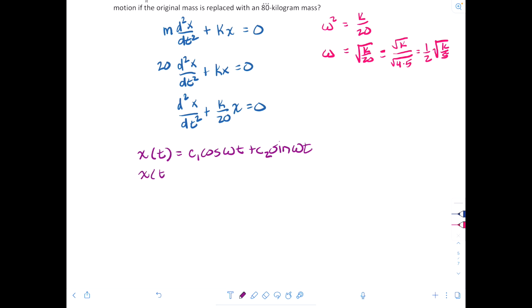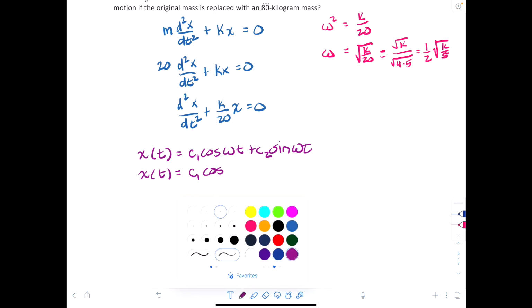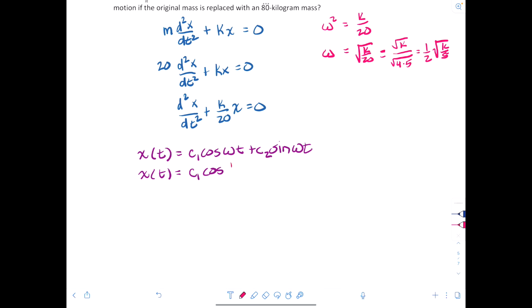So x at t will be c1 cosine omega t, and remember that omega was 1/2 times the square root of k over 5.